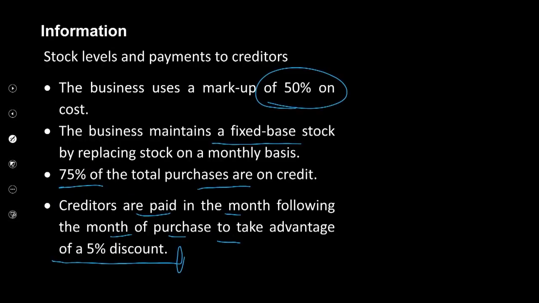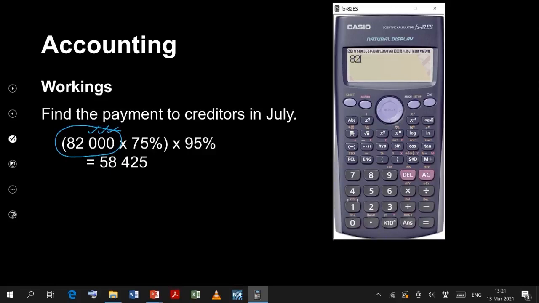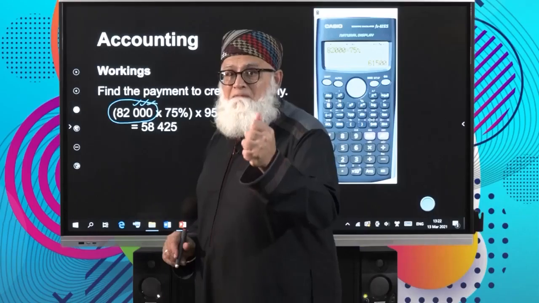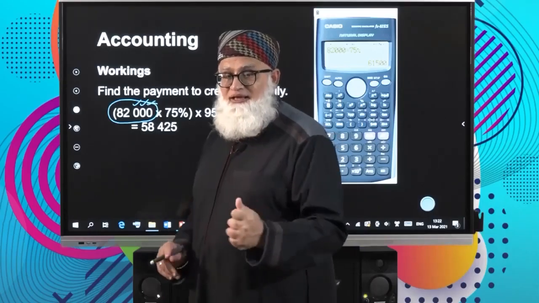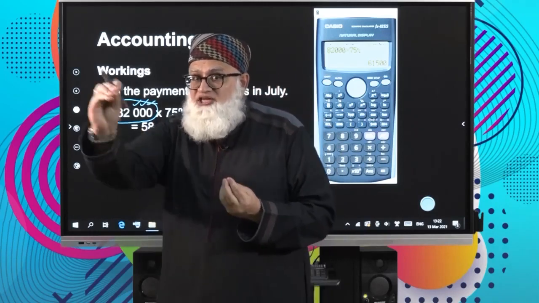Okay, let's take the cost of sales that we have here: there's my 82,000, times 75%. Why 75%? That figure is the credit purchases. You have your cost of sales, and now you split it up into cash and credit.